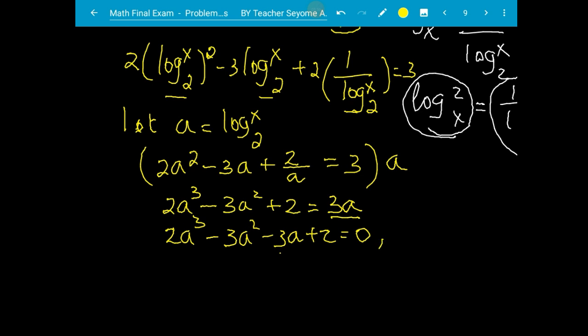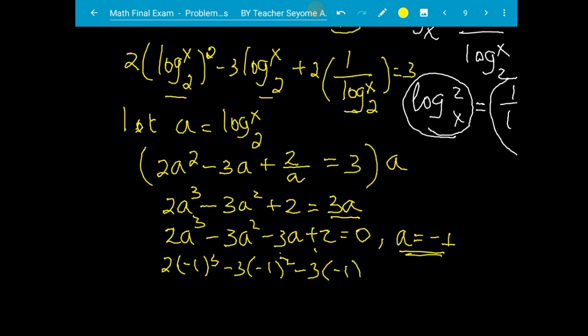Using the rational root test, if you take for example the value of a as minus 1, simply by inspection it becomes 0. That means 2 times minus 1 cube minus 3 times minus 1 square minus 3 times minus 1 plus 2 equal to 0.